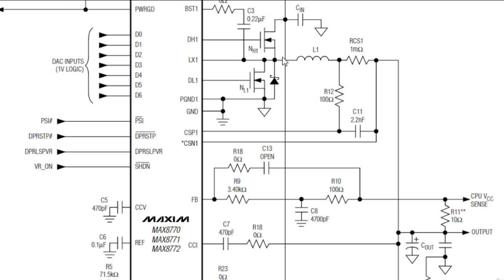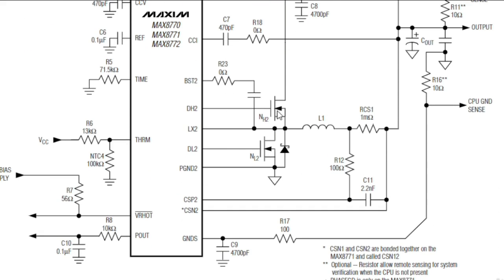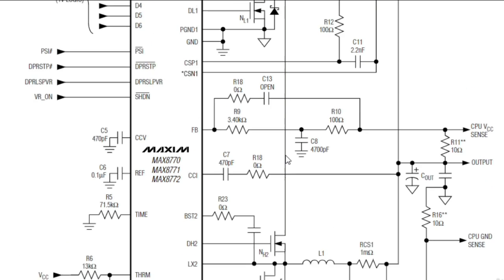It contains 2 MOSFETs with inductors, as you can see here. So we have LX, always LX is the output. LX1, as you see, we get output here, and also here we have another channel with 2 MOSFETs. This MOSFET should receive V in. Let's check.